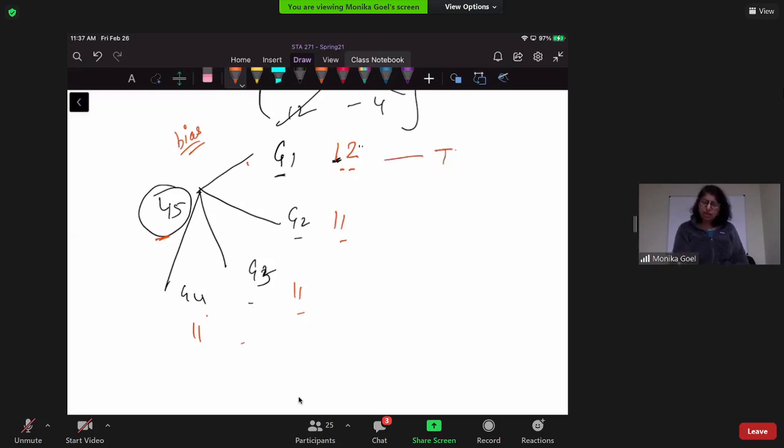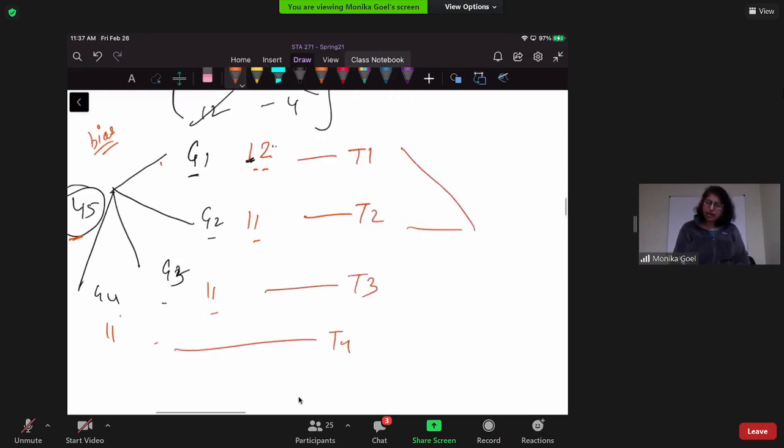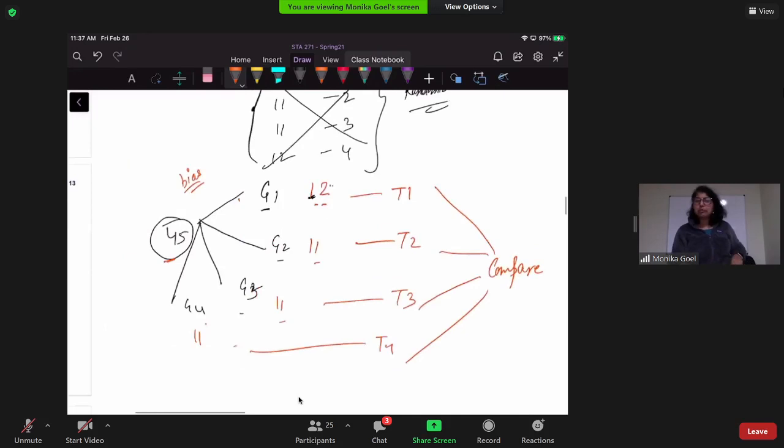So I make test 1, test 2, test 3, and test 4. And then I will compare their results. So this is called your completely randomized design. You allocate all the subjects evenly in all the groups using simple random sampling.